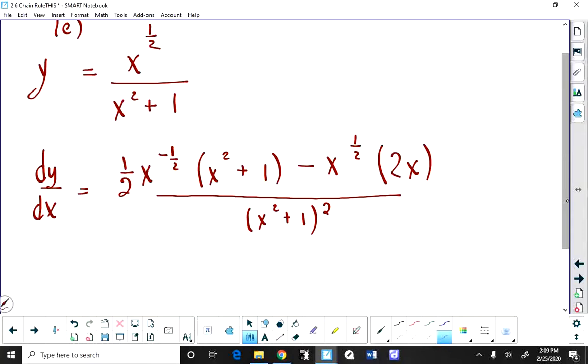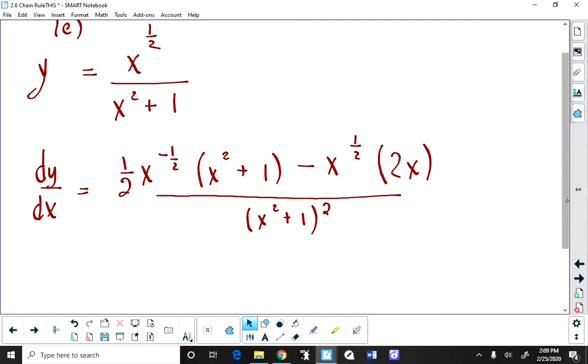I just want to check that my mind's on polynomials right now from the last class. Derivative of the top looks okay, would you agree? Multiplied by the bottom minus the top times the derivative of the bottom. I think we're good.